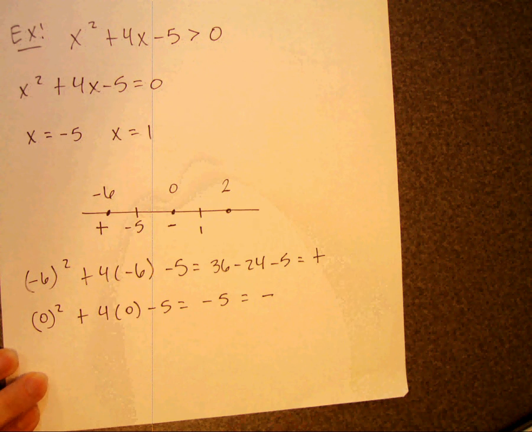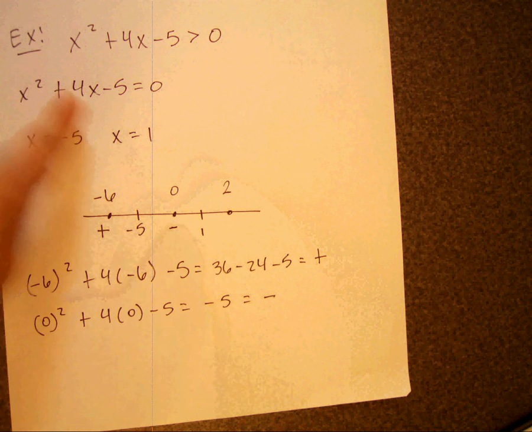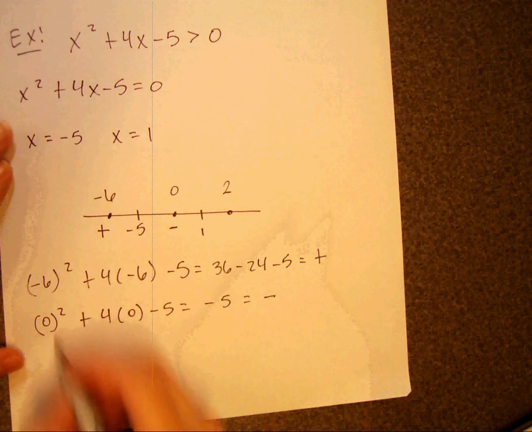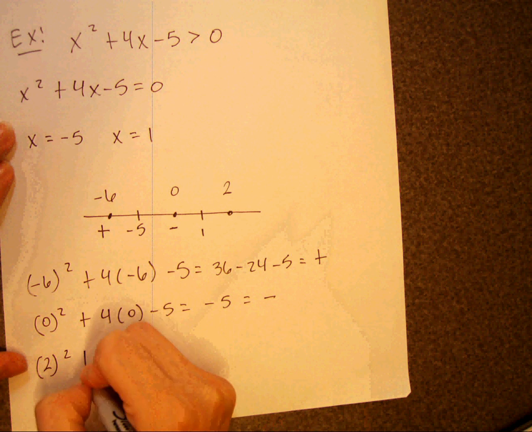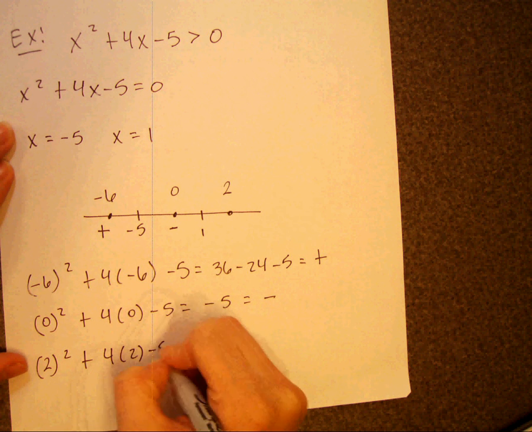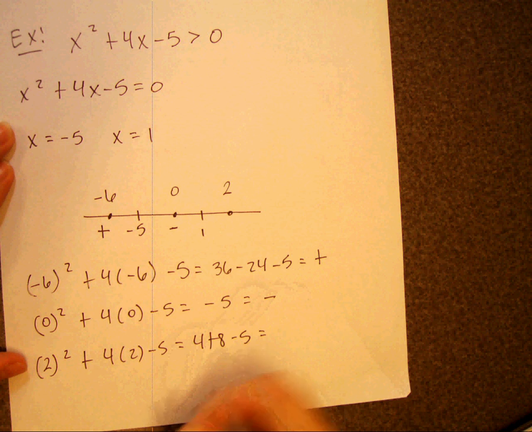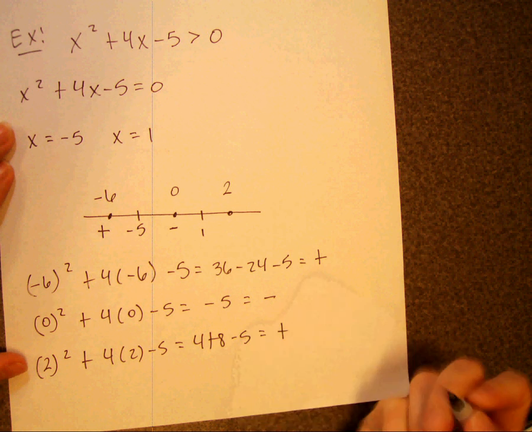So I know every number between -5 and 1, if I plug it into my function, I'm going to get a negative number. And now my last one, 2. I get 2 squared plus 4 times 2 minus 5 equals 4 plus 8 minus 5, which is equal to 7, a positive number again.